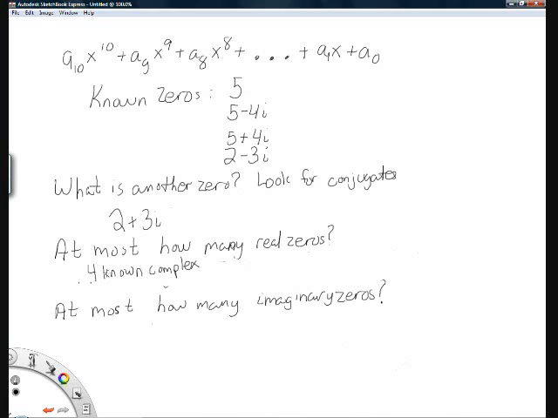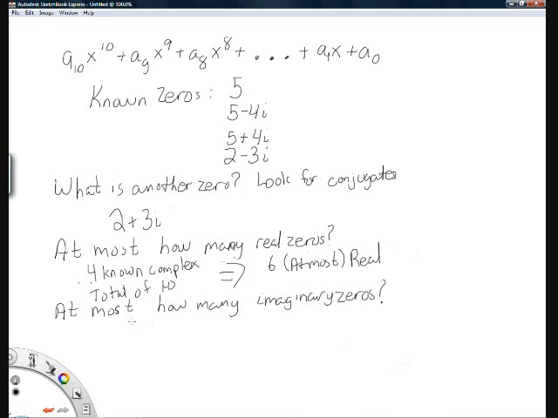So if there's a total of 10, 6, I should say at most 6, are real. This is key, again, because we know 4 complex zeros exist. There may be more. And since it's a general polynomial, we don't know what the possibilities are exactly.